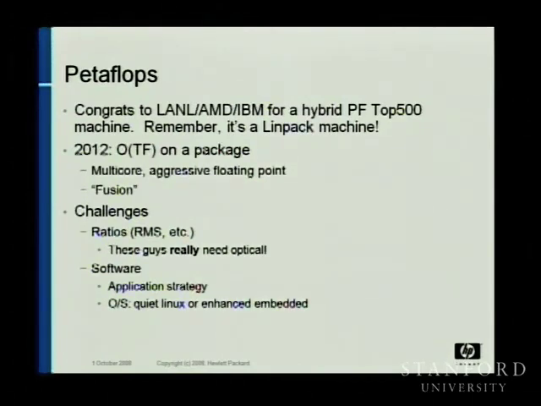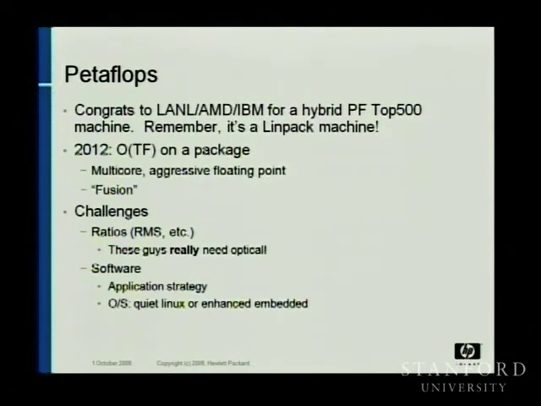Now, let's say that a mainstream part is going to have a teraflop chip on a package, some combination of accelerators and general purpose processors. The challenge we've talked about before is what the ratios are. The memory bandwidth ratio is going to be like the interconnect bandwidth ratio. And there are two partial answers to it.